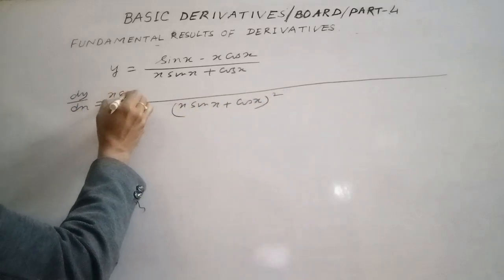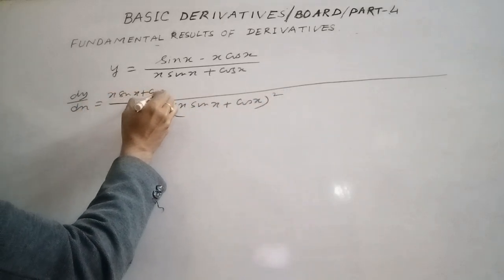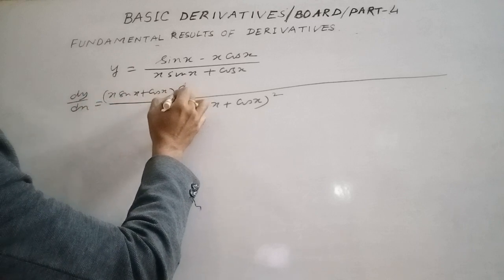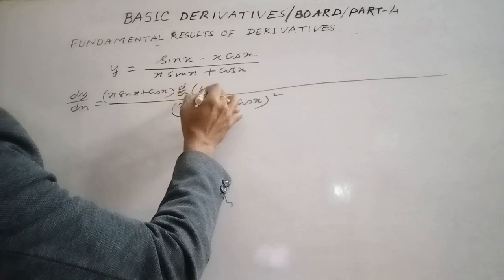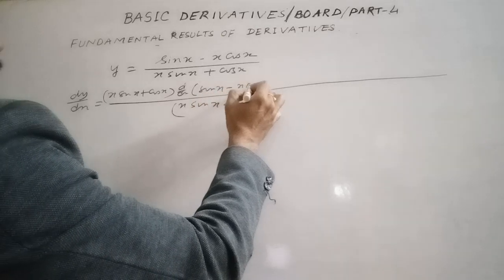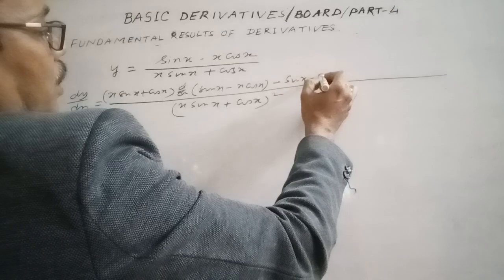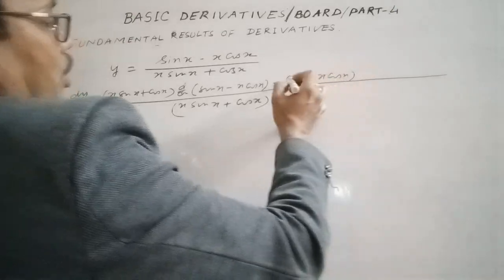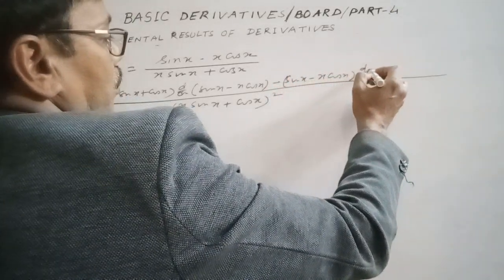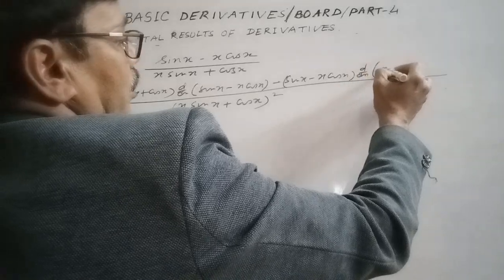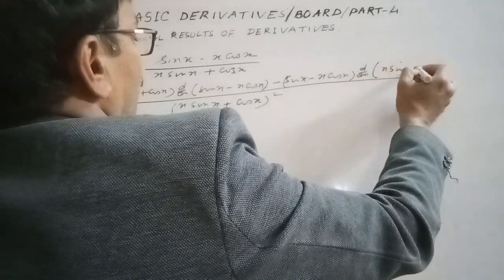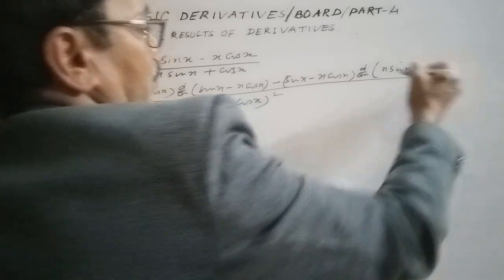X sin x plus cos x unchanged, d/dx of numerator sin x minus x cos x, minus, sin x minus x cos x unchanged, derivative of denominator. So up to this is very simple.